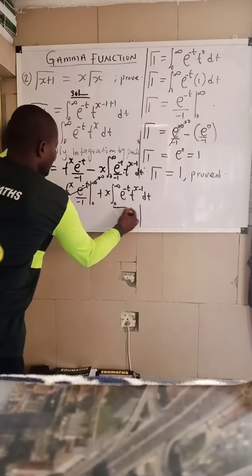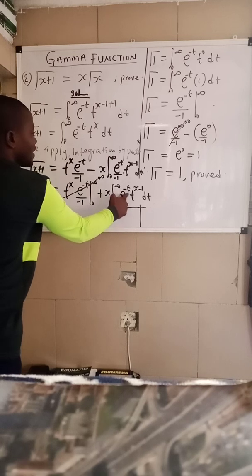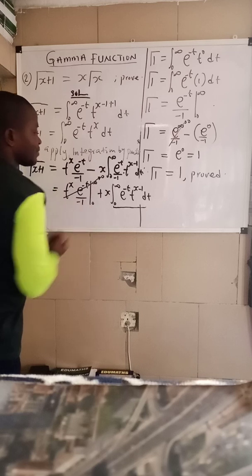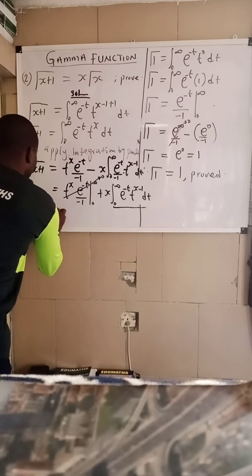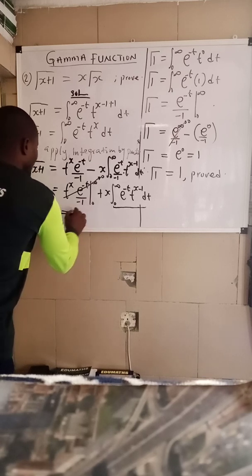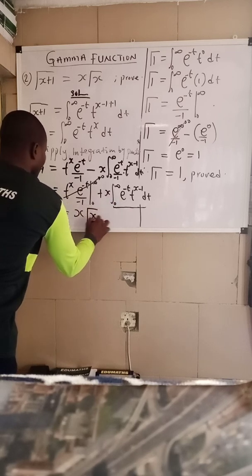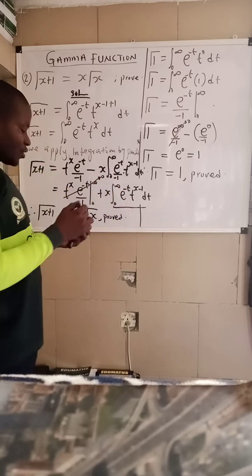And what does this define? This defines gamma x. So therefore gamma of x plus 1 is equal to x gamma x. Proved.